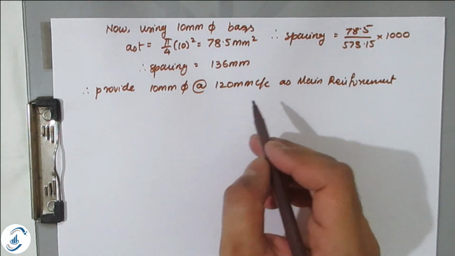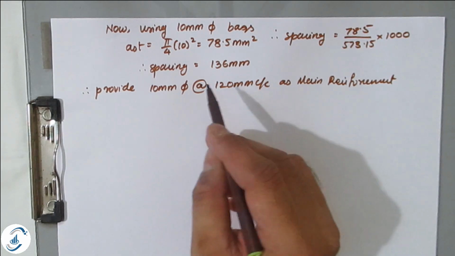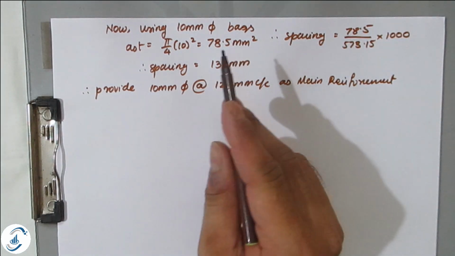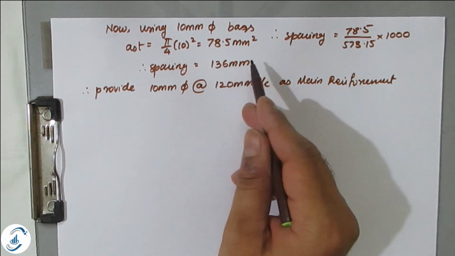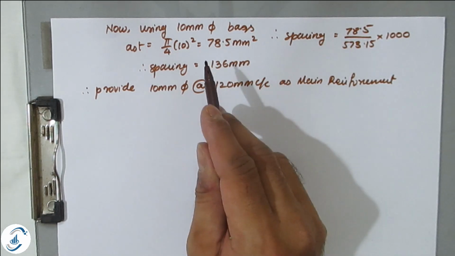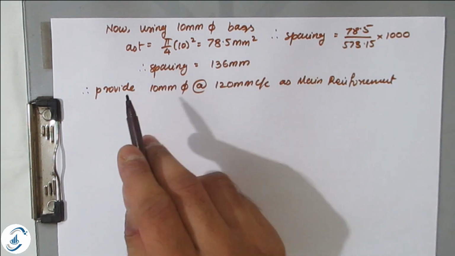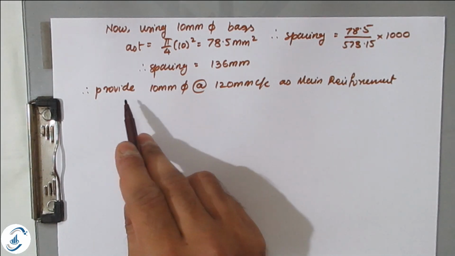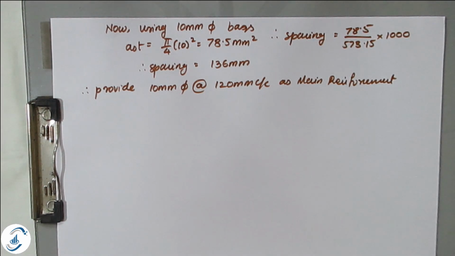We will reduce the spacing so that there is no problem while distributing the Ast for that particular moment, which is 34.77. If you increase the spacing, that will contradict the moment capacity for that particular waist slab. So it is always better to decrease the spacing. So the final reinforcement will be 10 mm bars at 120 mm center to center as main reinforcement.